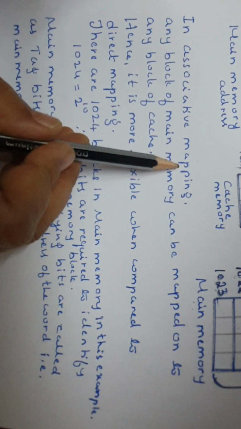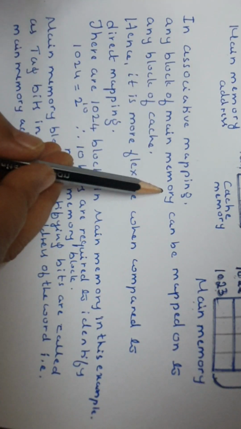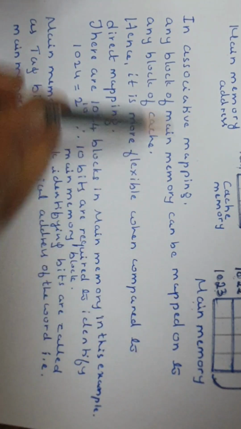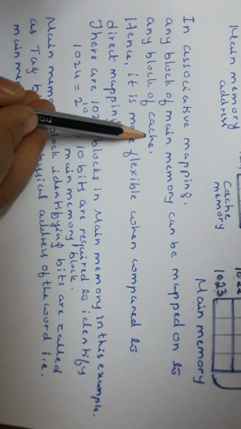In associative mapping, any block of main memory can be mapped onto any block of cache.